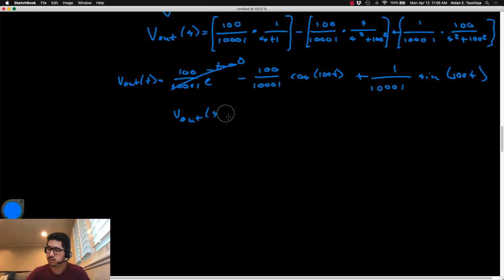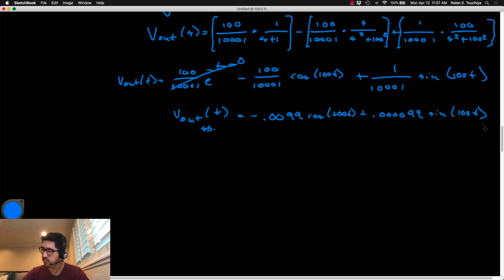What this looks like in steady state is the transient has decayed, and we have essentially minus 0.0099 cosine of 100t plus 0.00099 sine of 100t.